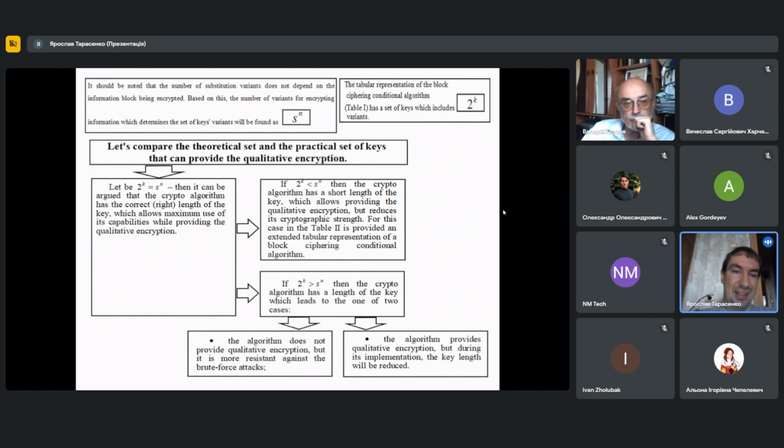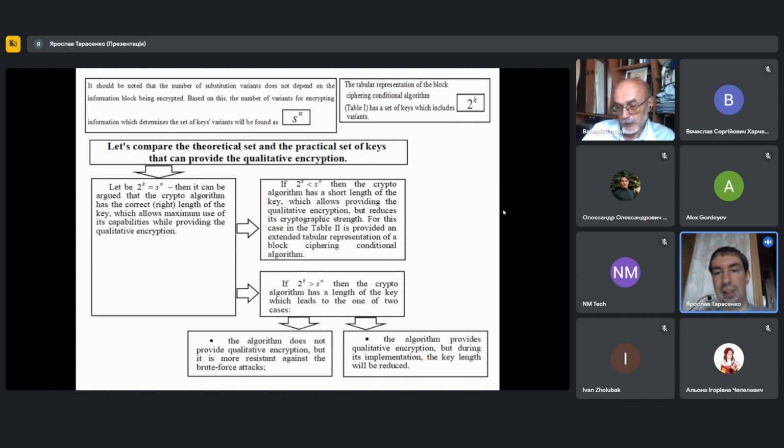In comparing the theoretical set and the practical set of keys that can provide the qualitative encryption, let 2 to the power of k be equal to s to the power of n, then it can be argued that the crypto algorithm has the correct length of the key, which allows maximum use of its capabilities, providing the quality encryption.